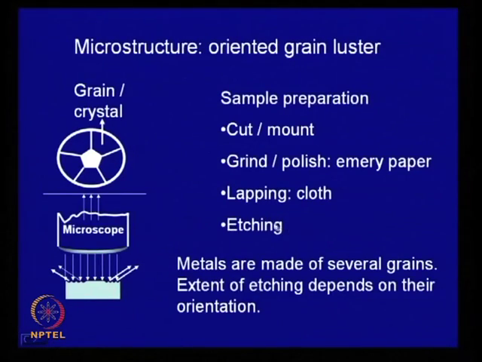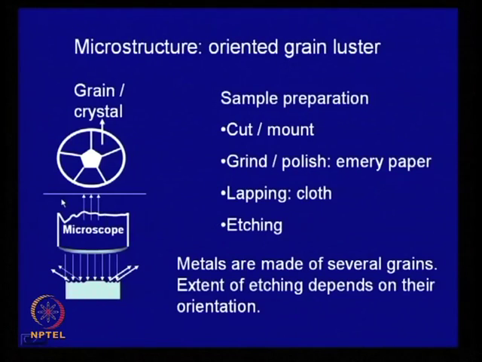After that, you etch the specimen. Normally on the polished surface, you put some chemical agent, an etching reagent, which will attack certain areas of the metal, and then you put it on the microscope.